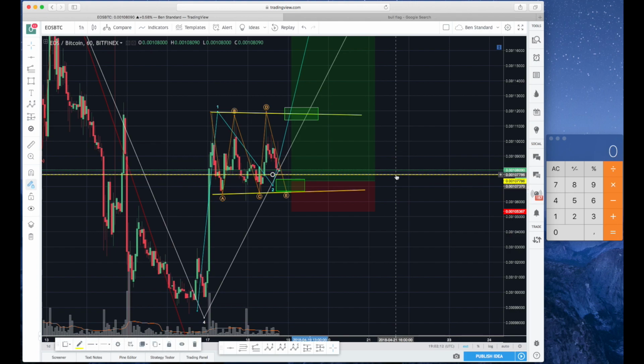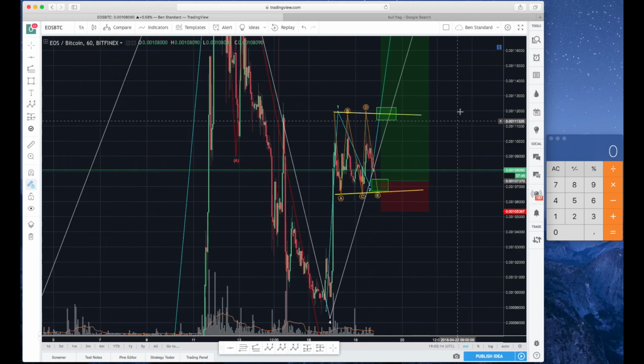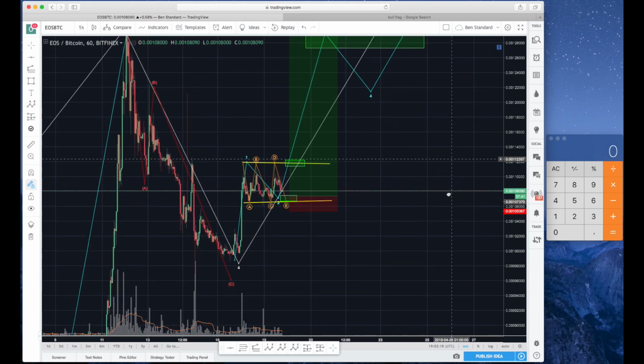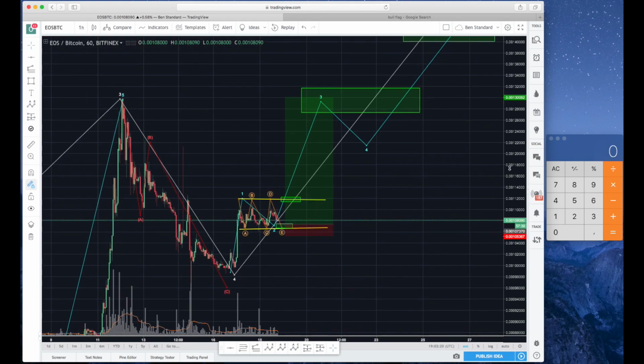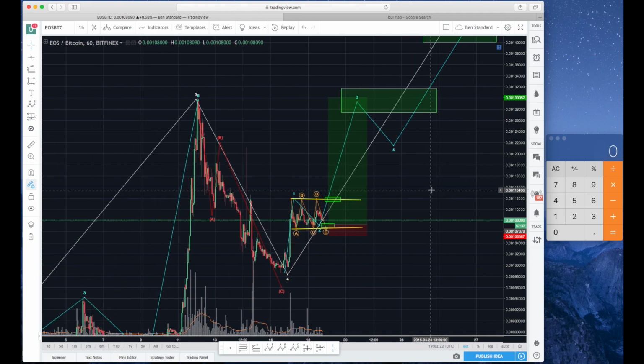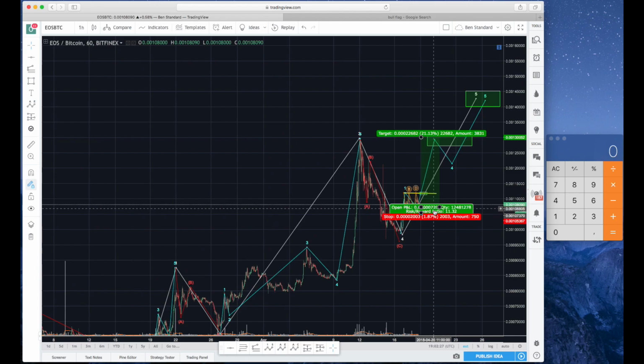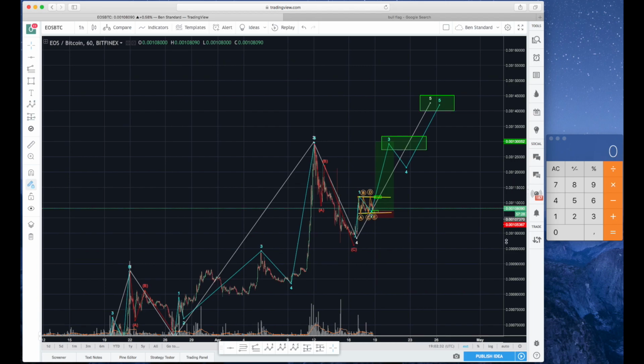So now that we know that this trade is probably profitable, we can look at this whole trend on a bigger scale.